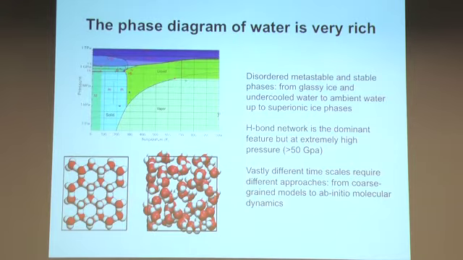You see that there are these rings of bonds, and the shortest path that one can make to come back to the same molecule is a six-fold ring. Instead, this is the network in liquid water, how it would look in a snapshot.